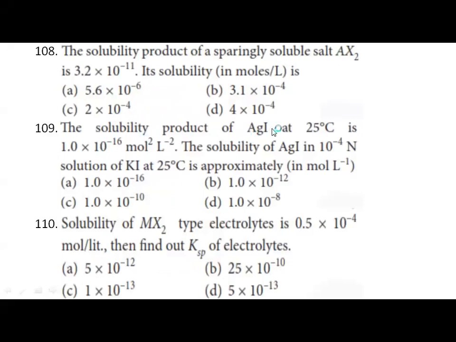The solubility product of AgI at 25 degrees Celsius is 1.0 into 10 raised to minus 16 moles square per liter square. Find the solubility of AgI in 10 raised to minus 4 normality solution of KI at 25 degrees Celsius, approximately. So AgI dissociates to give Ag plus and I minus, and KI dissociates to give K plus and I minus.